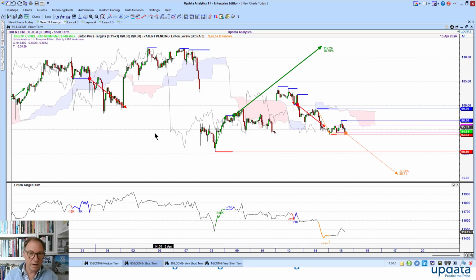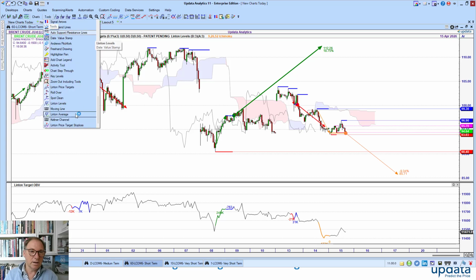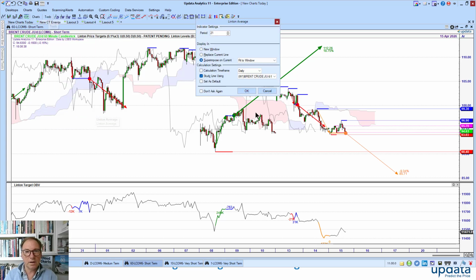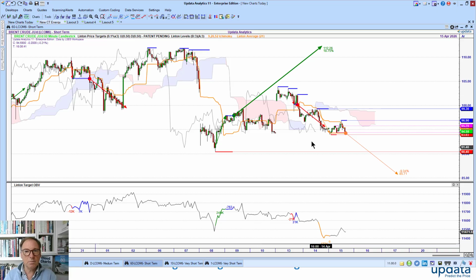Now that's that average. If I put it on again, it actually comes from the Ichimoku chart, but that's how Ichimoku charts are calculated.